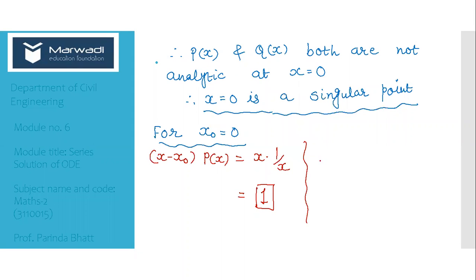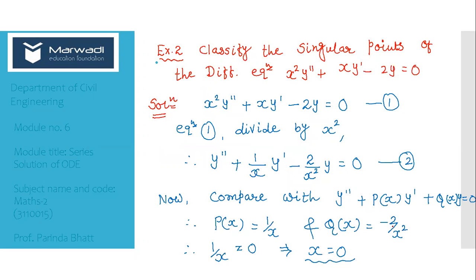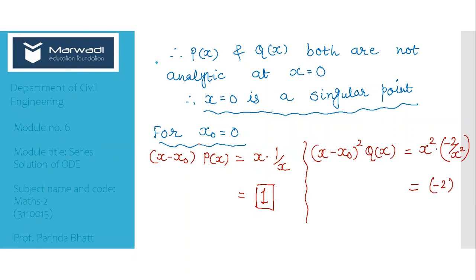And the other condition, x minus x0 whole squared into q of x. Our x0 is 0. Therefore, x squared into the value of q of x, which is minus 2 by x squared. x squared cancels out, remaining is minus 2. Again, we check the values of p of x and q of x. This is 1 by x, this is minus 2 by x squared. Therefore, x squared cancels out, minus 2. Both the answers are finite.